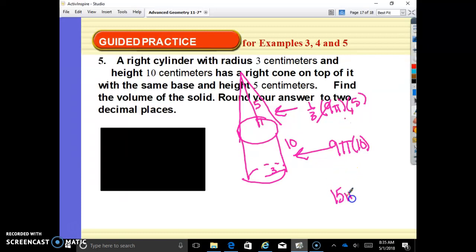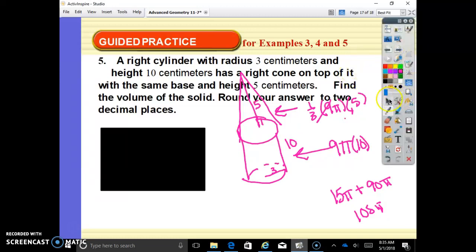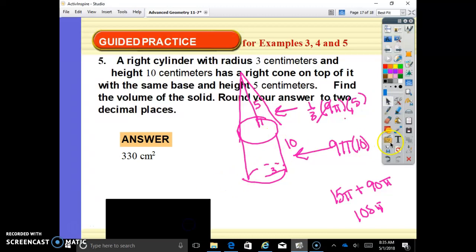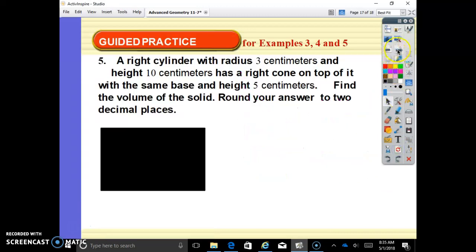So we have 15 pi up top plus 90 pi down below. We have 105 pi, which is approximately 329.87. They wanted us to round to 2 decimal places. They, once again, prematurely rounded, so they were off slightly.